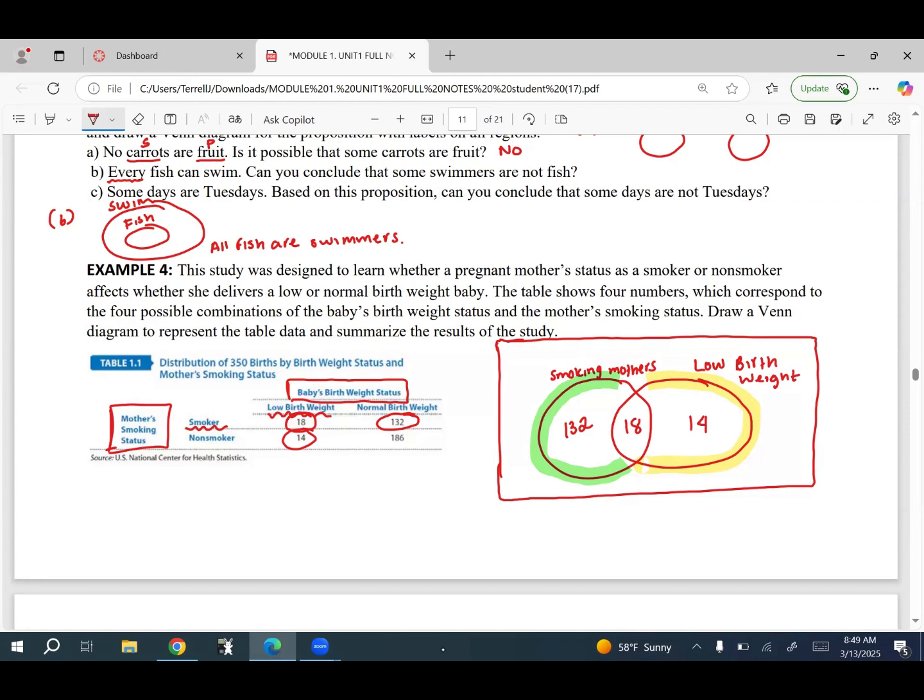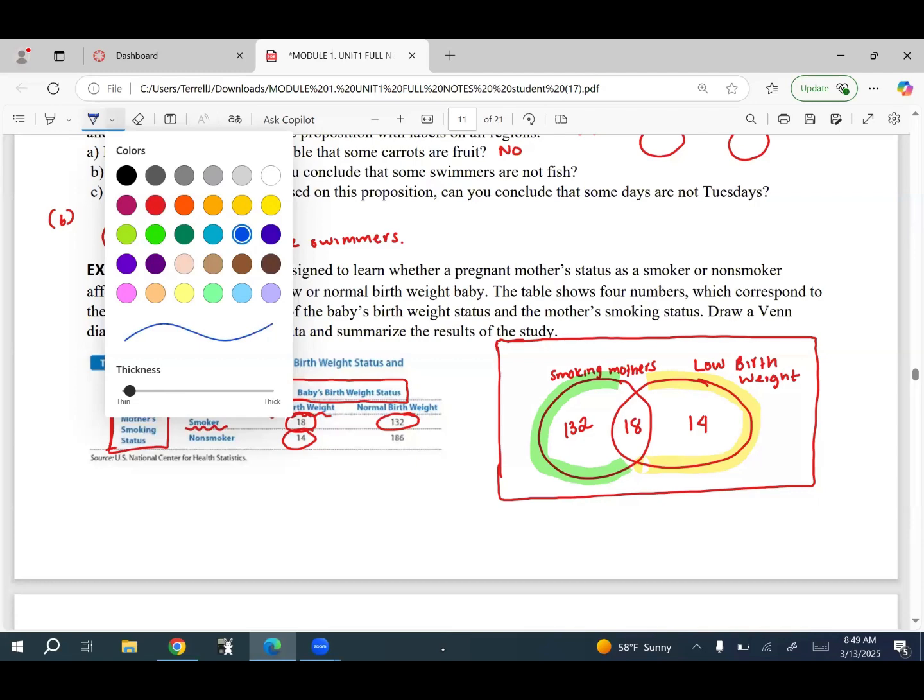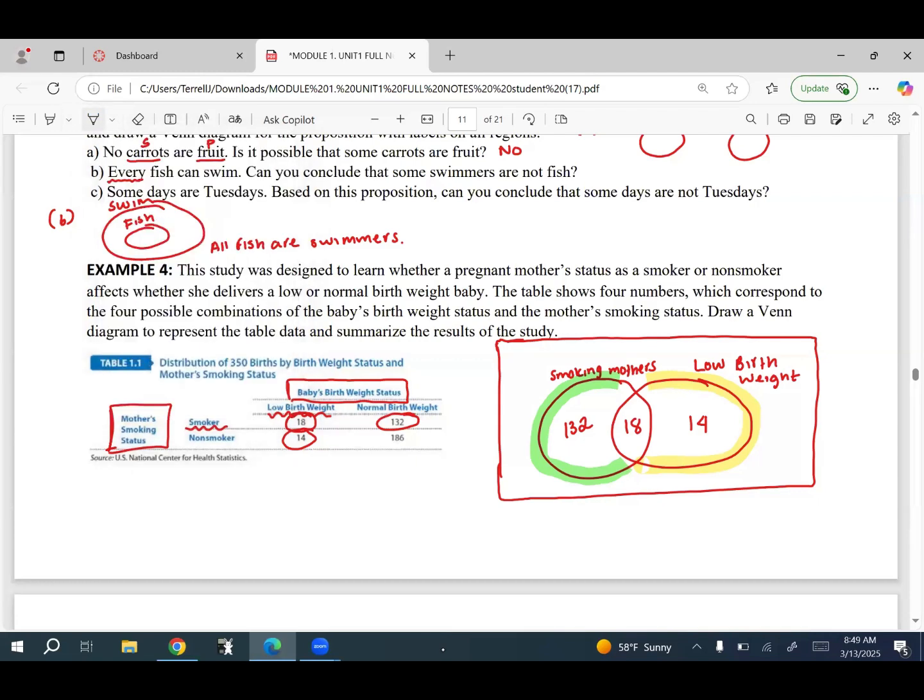And now if you look at our table, 3 numbers are circled, which means those are the 3 that I've used so far. There's one value that I didn't use, which is 186. And that 186 represents normal birth weight babies from non-smoking mothers. Look at my 2 sets in my Venn diagram. They're smoking and low birth weight.